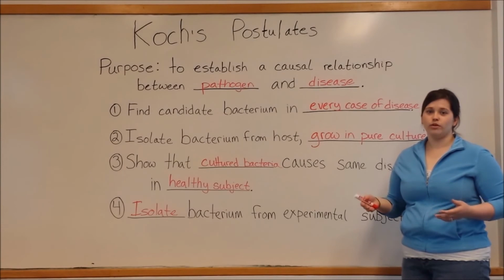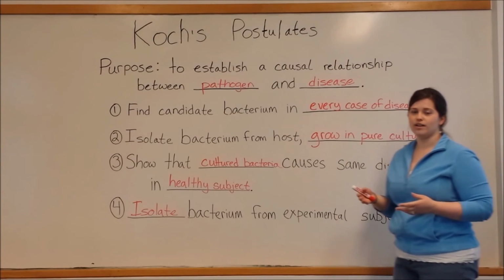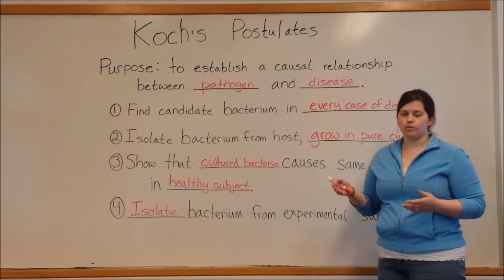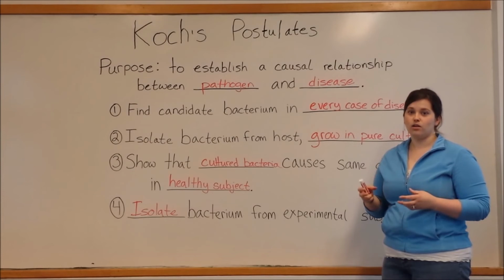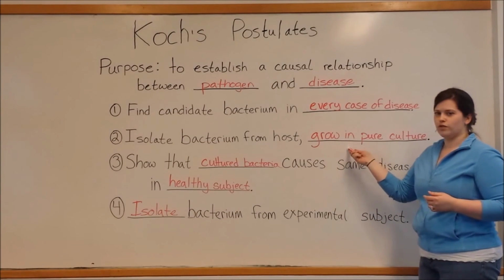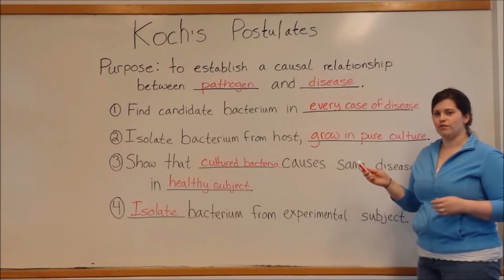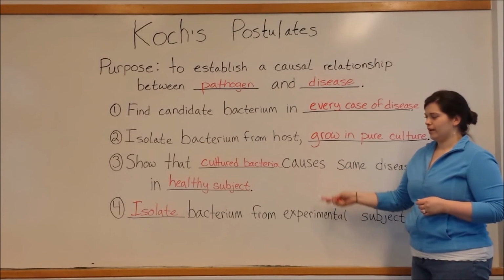Viruses cause a number of diseases in humans, but because they are obligate intracellular parasites, they're not able to be grown in pure culture. They have to be grown in cells. So that makes it very difficult or impossible to fulfill step number 2 with viruses and some of those other types of bacteria.